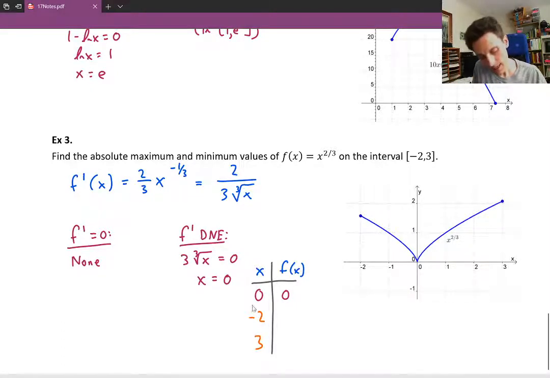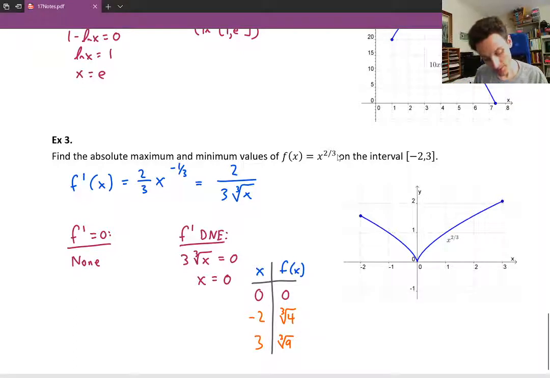Now if we plug in -2, we're going to square that to give you 4, and then take the cube root of that. So this is the cube root of 4. If we plug in 3, we'll square that to give you 9. And then the cube root of 9 is the cube root of 9. Cube root of 27 is 3, but the cube root of 9 is just some number.